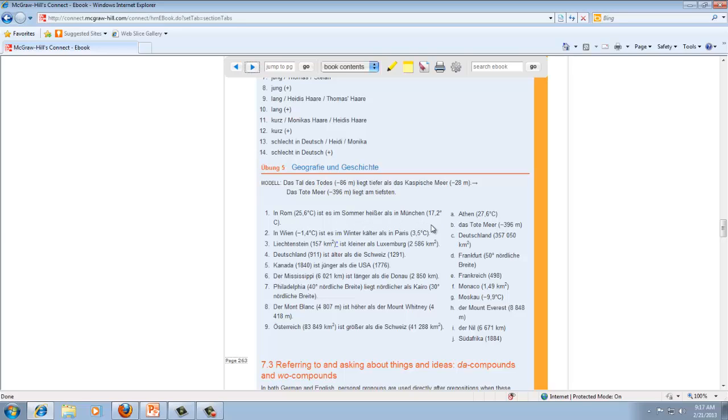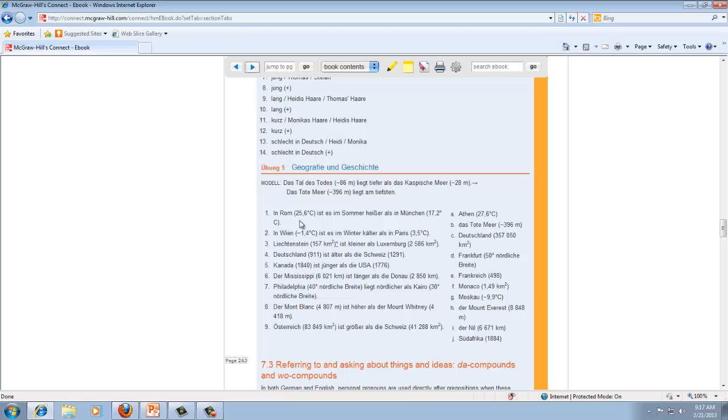So in Rome, it's hotter in the summer than in Munich. Well, it's 25.6 degrees Celsius versus 17.2. I'm looking at degrees here, and I would have to go with Athen, selection A at 27,6 Grad Celsius.